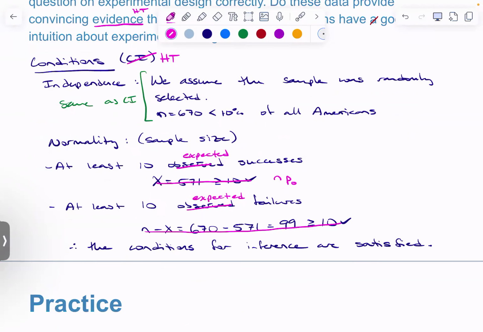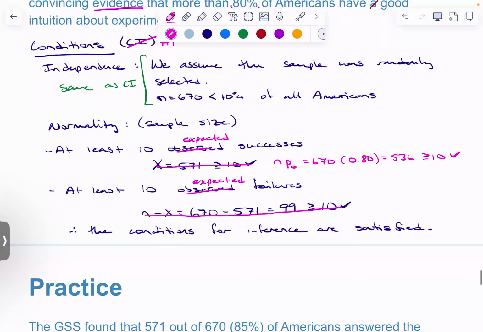So n times p naught is 670 times 0.80. So I'm expecting 670 times 0.8, 536, which is greater than or equal to 10. So that's great. I'm expecting 536 successes if the null hypothesis is true.